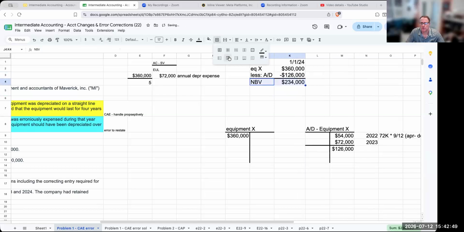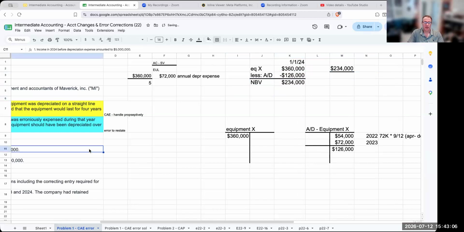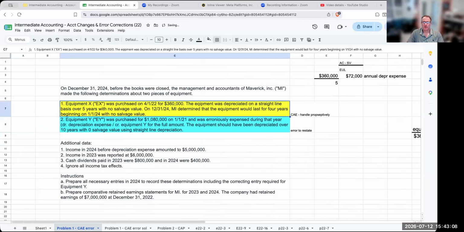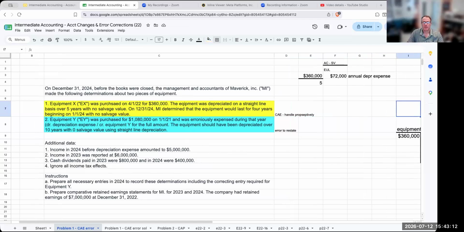Now we're going to use the new information to depreciate the asset moving forward. We take 234, which is the remaining amount that we can depreciate. We determined that the equipment will last for 4 years, beginning on 1/1/24.